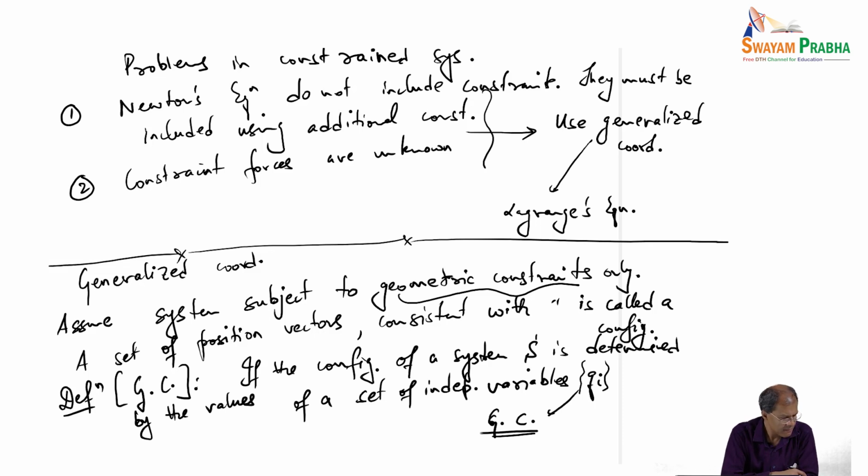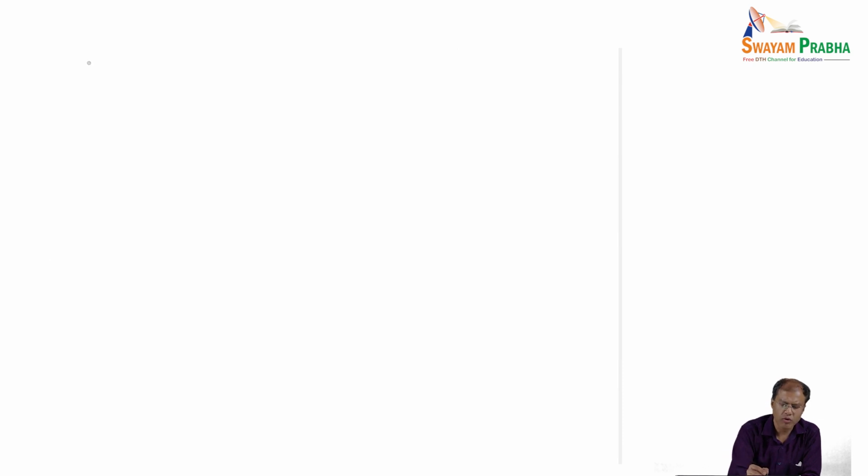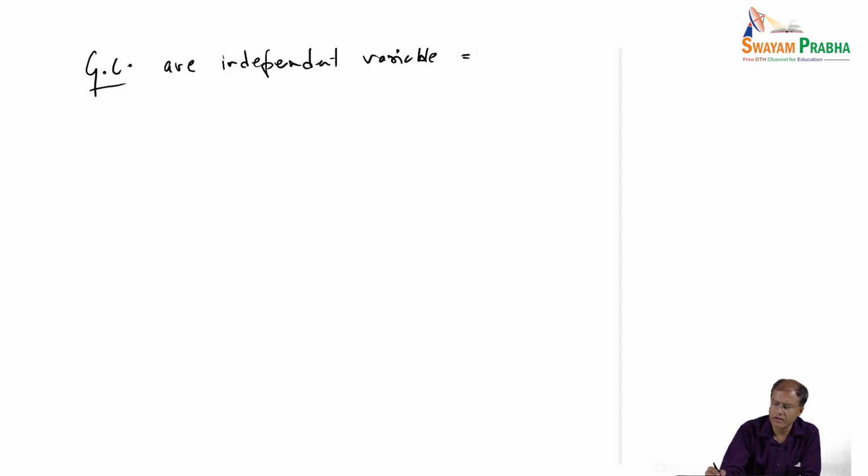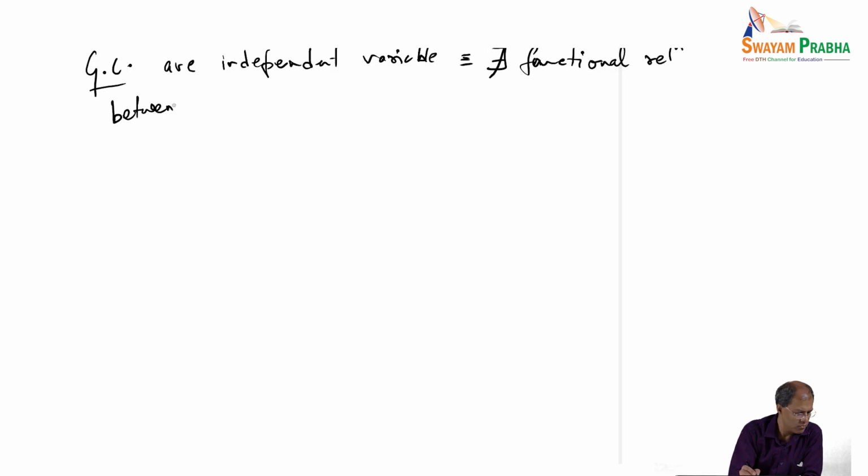Okay, so then automatically it comes to the point that generalized coordinates are independent variables. Why? Because it is equivalent to saying that there does not exist any functional relationship between any of the generalized coordinates.